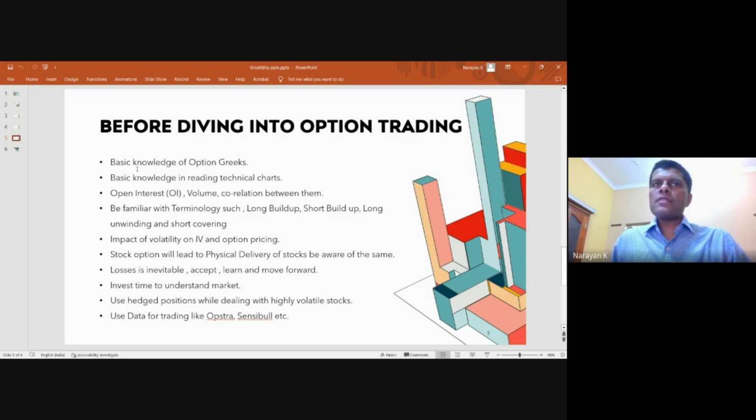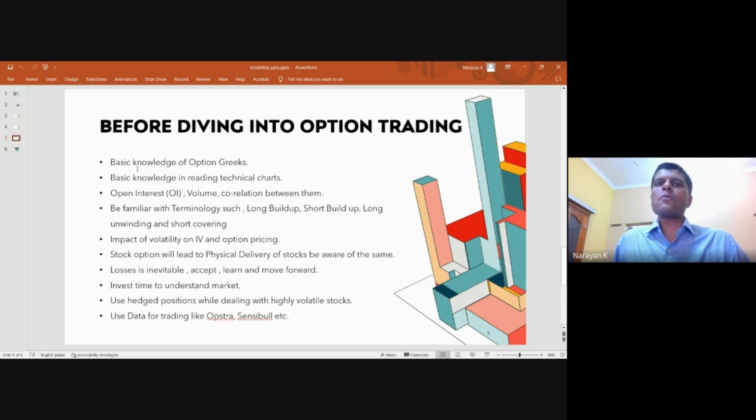So you should have basic knowledge of option Greeks, basic knowledge of technical charts, and open interest, volume and the correlation between them. Be familiar with some of the F&O terminologies such as long build-up, short build-up, long unwinding, short covering. We already talked about the impact of implied volatility. Also remember, when you are dealing with stock options, it leads to physical delivery.